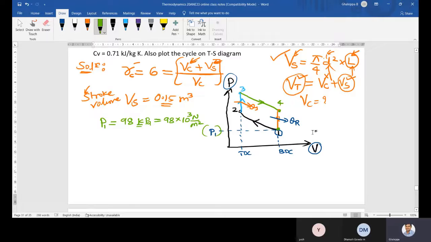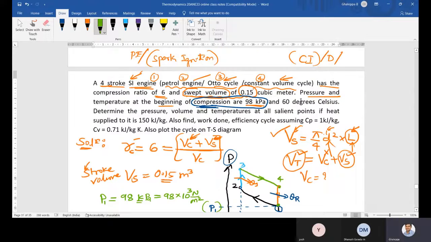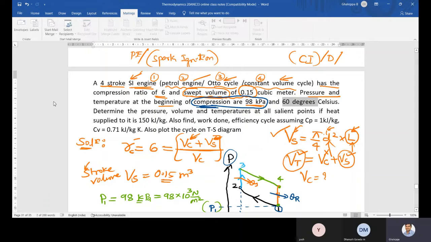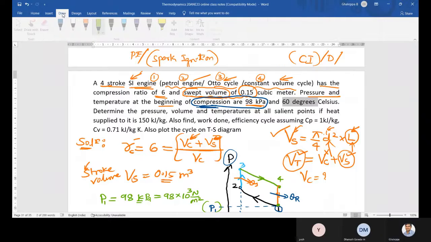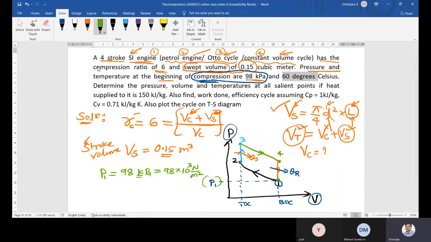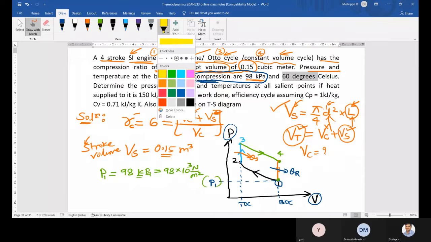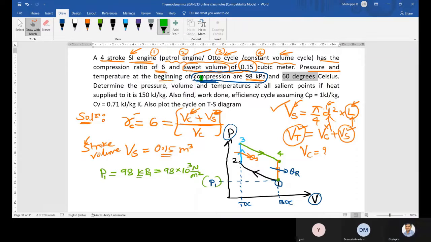Next line, what he has given? The temperature at the beginning of the compression is also given, that is T1. Temperature is represented with T1, no? Both temperature and pressure at compression are given.